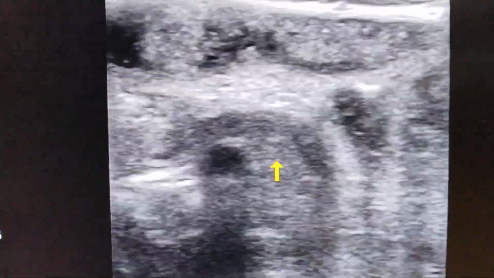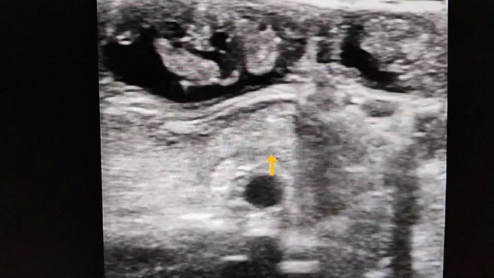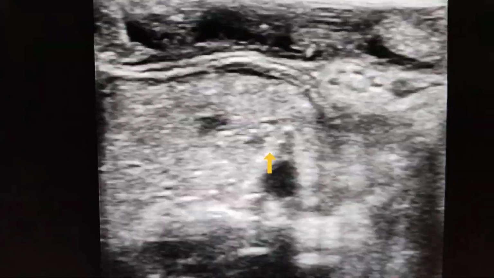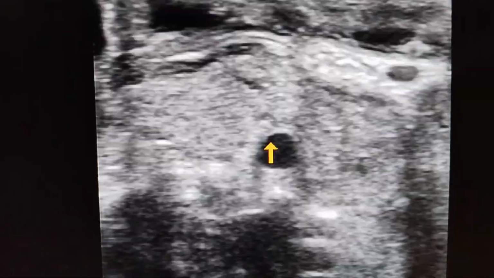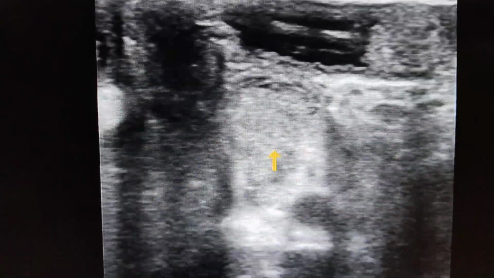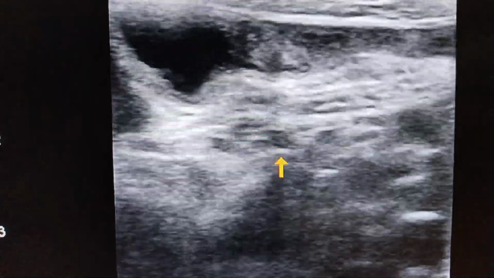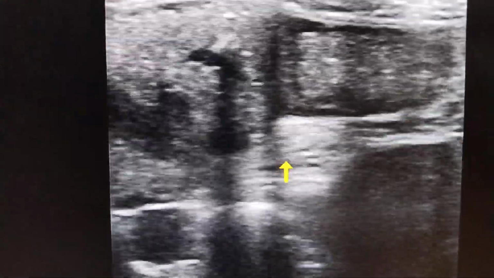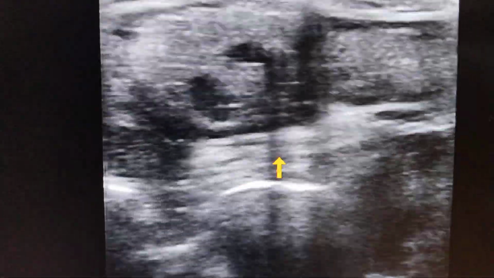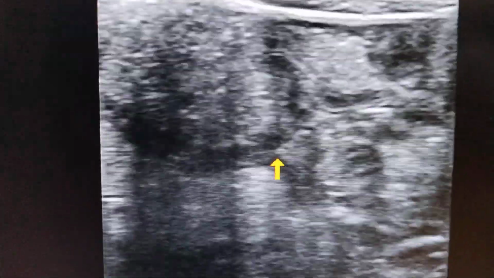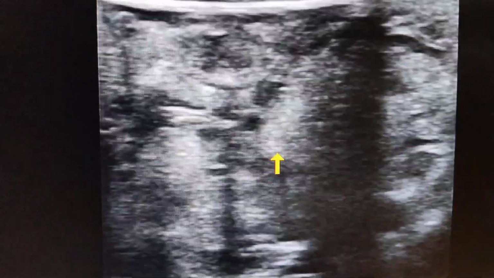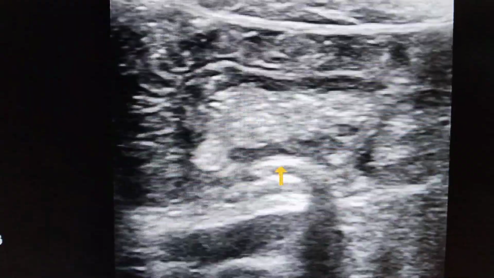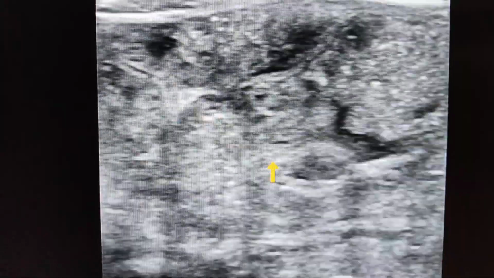So look, these are the ileal loops having putrefied food particles, hyperperistaltic, acting like a washing machine, and these are the jejunal loops which have the same behavior as the ileal loops.